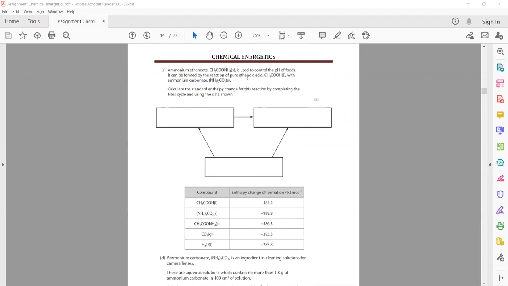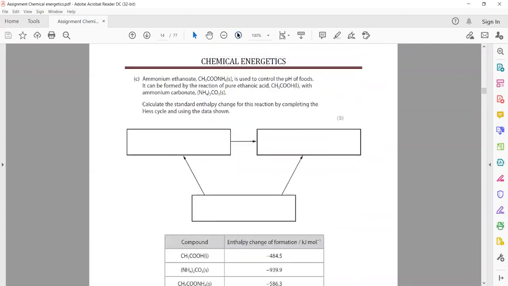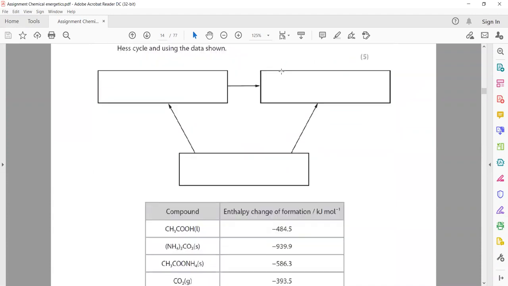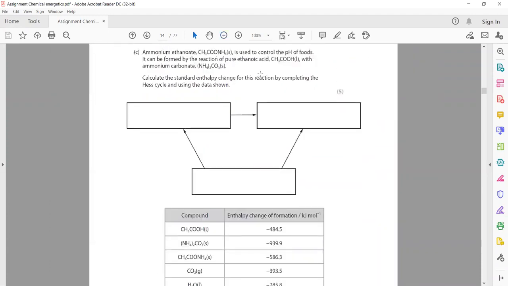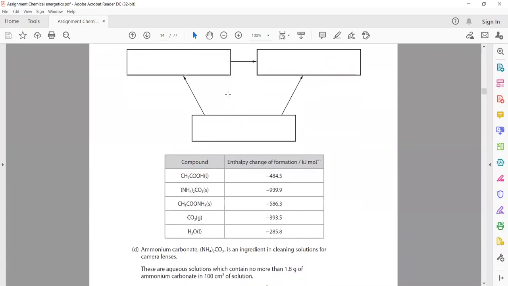So they mention ammonium ethanoate is used to control pH, and how it is formed. It is formed by the reaction of ethanoic acid with ammonium carbonate. When an acid reacts with a carbonate, it will give salt, water, and carbon dioxide. The reason I'm showing this data as well is so that I can use it for the calculation.